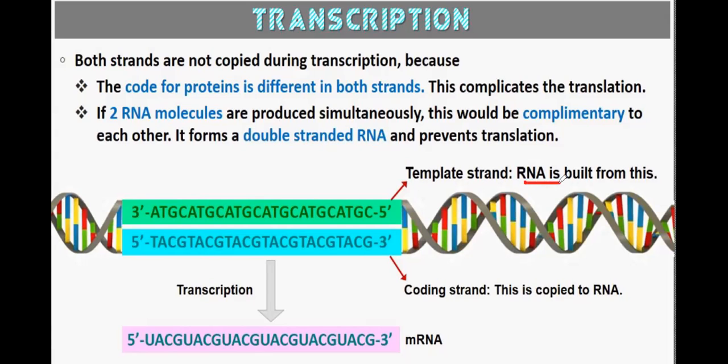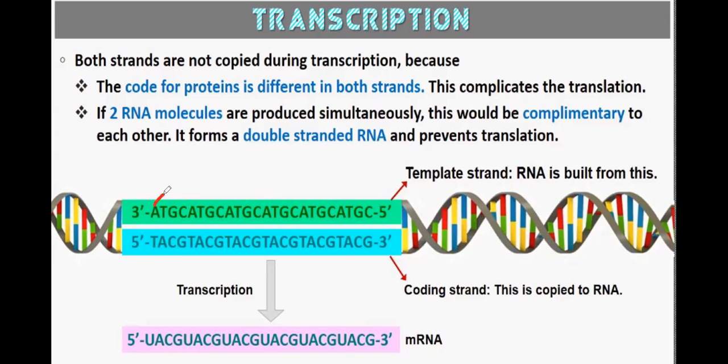RNA is produced from this template strand, and it will follow the law of complementarity. So the messenger RNA is having 5' end, reversed relative to the 3' to 5' template.